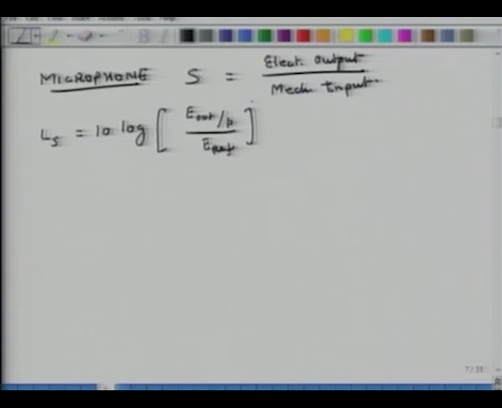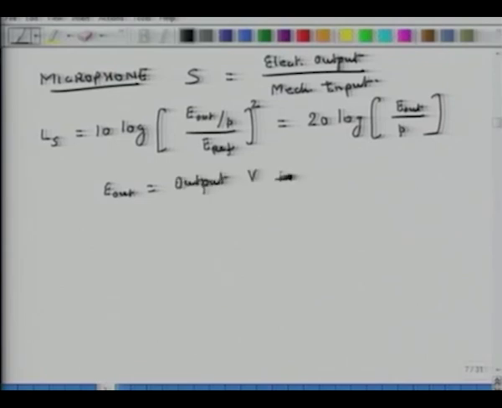And I can make this 20 log of E out over P, and I'll explain how I made that jump. Once the 2 is removed, this becomes 20, but I also eliminated E ref from here. So E out is the output voltage from the instrument. Okay, E ref is the reference voltage.